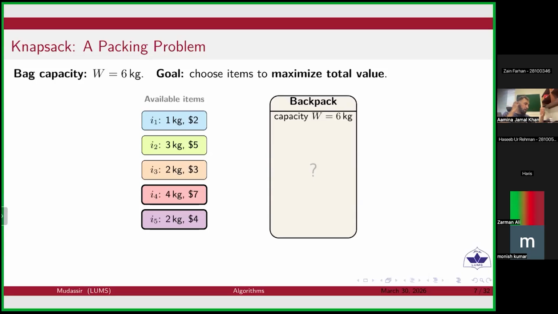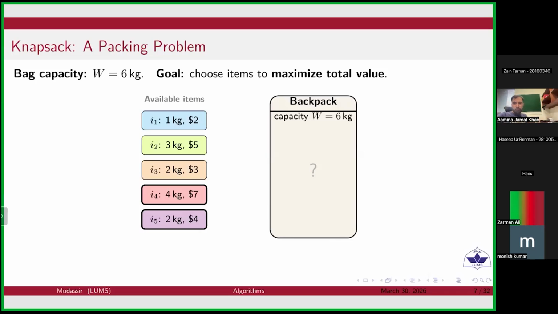So here, for example, you are given 5 items, and your capacity is 6 kilograms. You cannot pick everything, right? If you could pick everything, that would be great, that would give you the maximum value. In this case the total weight of these items comes to 5, 10, 12, which means that you cannot pick all of them.